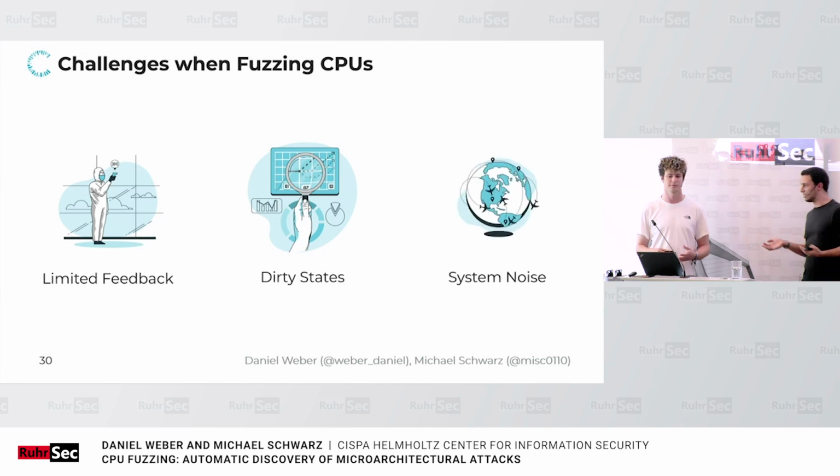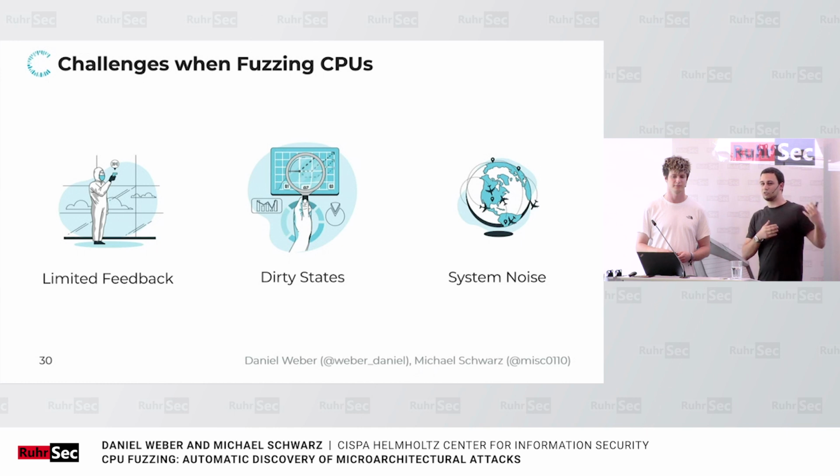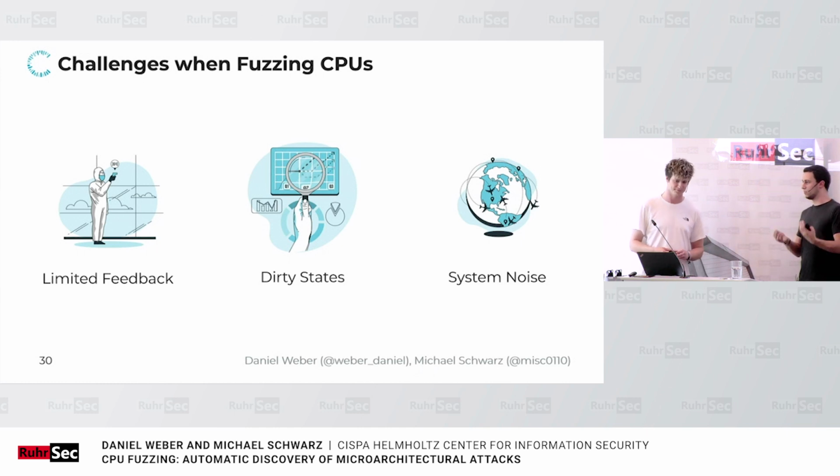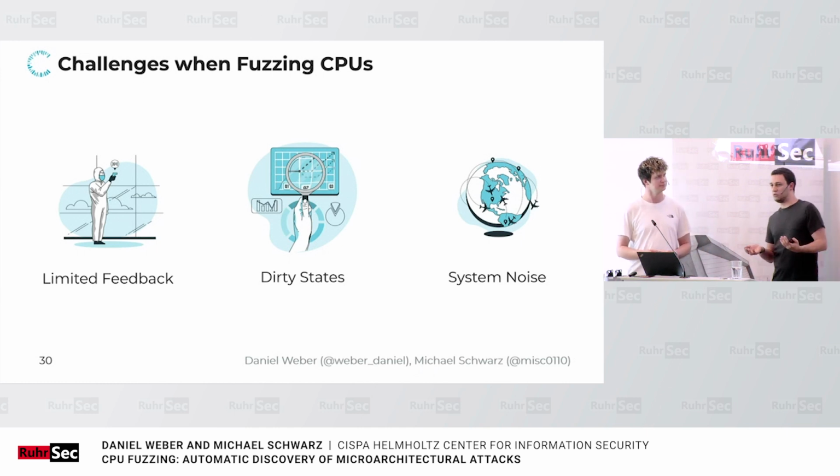And as all these applications influence the state of the CPU, that also gives us a lot of noise. So sometimes we see something, but we don't know: is it from our input? Is it from someone else's input? Is it a combination of the inputs? So there's a lot of noise involved, so that makes it pretty difficult because we don't have this nice setup that we have in software.